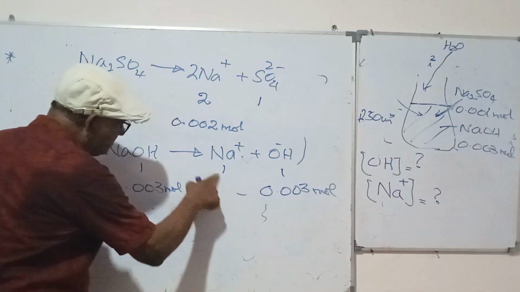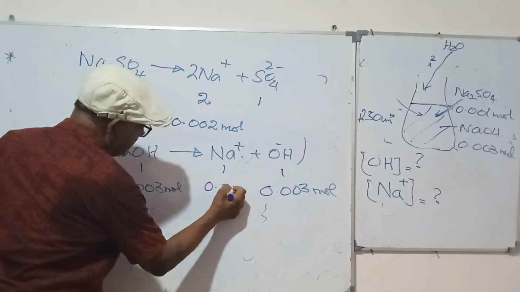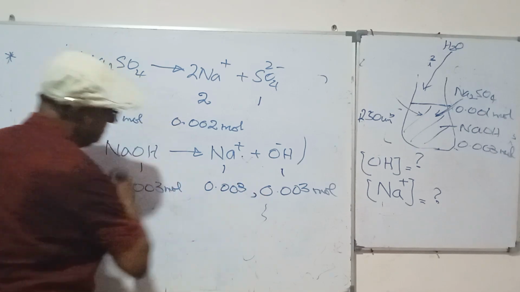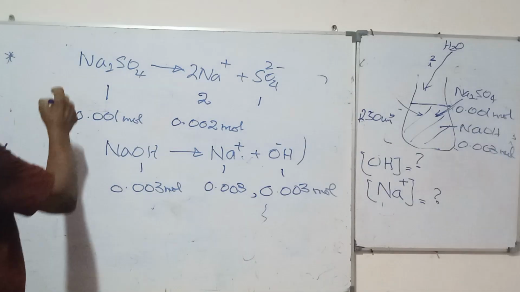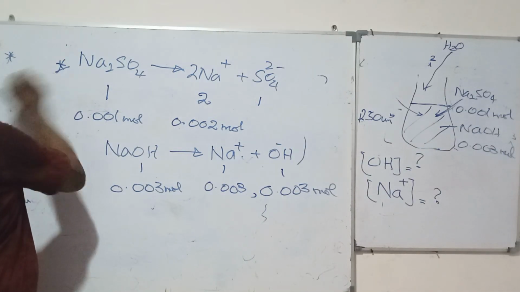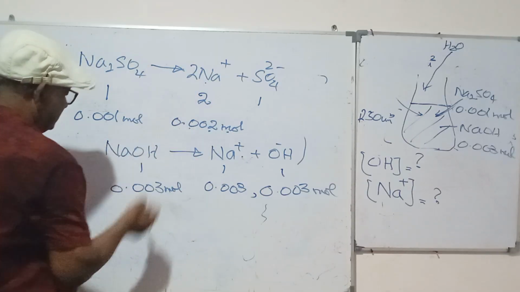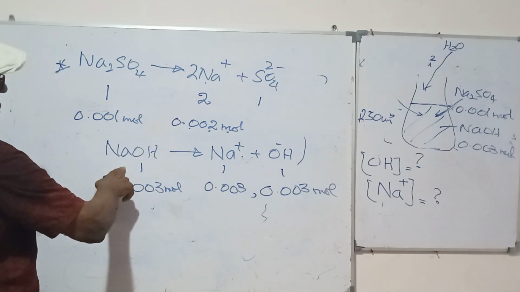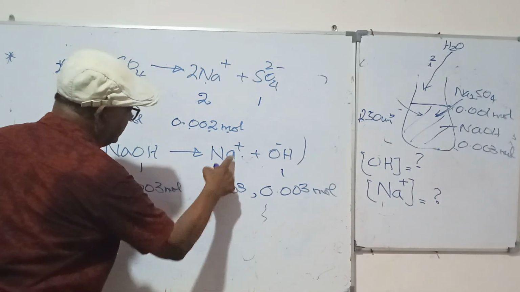It gives sodium ions also, 0.003. Then sodium sulfate gives 0.002 mole of Na plus. Sodium hydroxide gives 0.003 mole of Na plus.